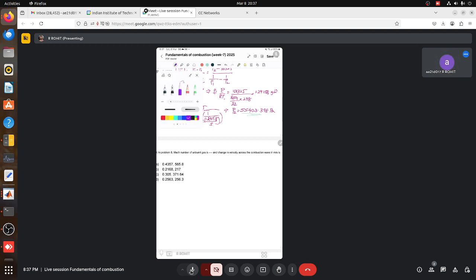We are able to get to the answer. So you are asked to find the velocity of unburnt gases, which is nothing but mass flux of unburnt gas by the density of unburnt gas.